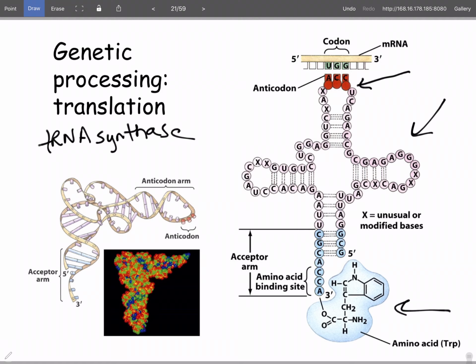If you look at a space-filling model of a tRNA, it actually has an L shape. One little piece of it serves as the anticodon arm, the part that can recognize the codon, and the other arm down here, which will be in that pocket region of the 50S ribosome, is going to contain the amino acid that's specific for that anticodon sequence. So tRNA synthase matches up the amino acid with the codon, okay?